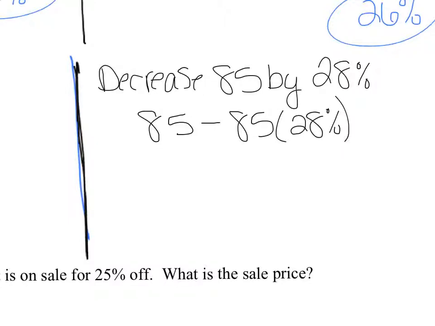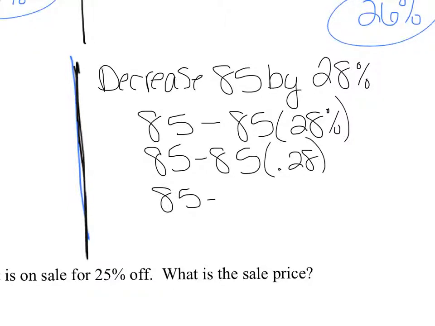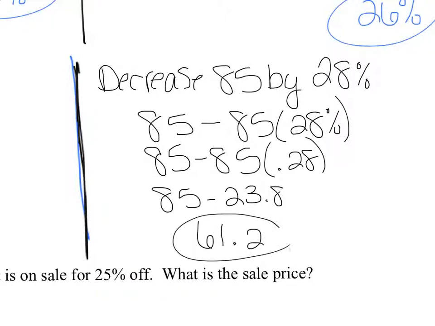So I'm going to subtract 28% of my number. I'm going to take 85 minus, and let's go ahead and change that 28% to a decimal. When you find 28% of 85, you get 23 and 8/10. And when you subtract those two numbers, you get 61 and 2/10.